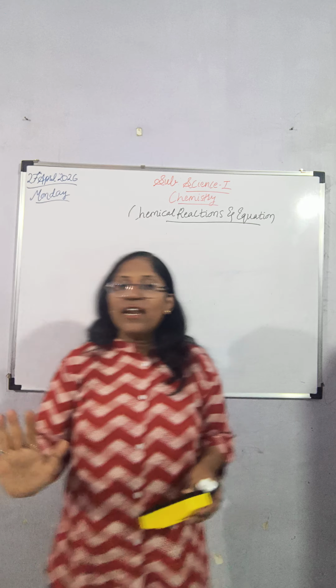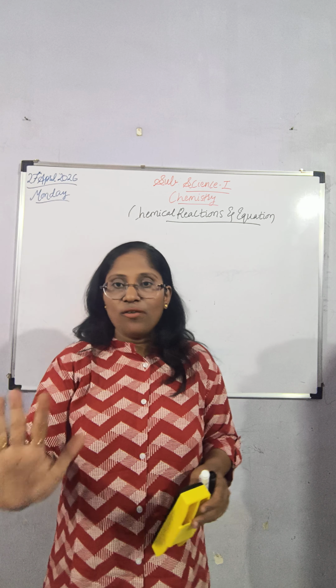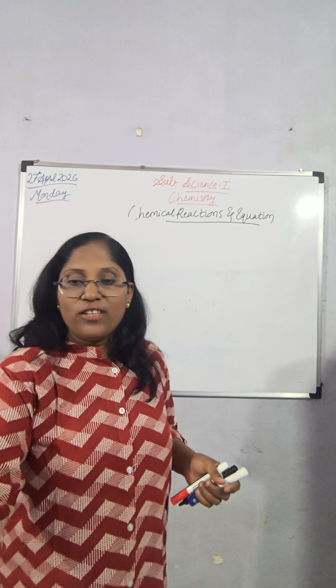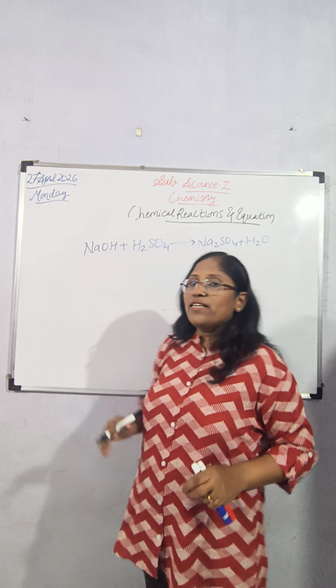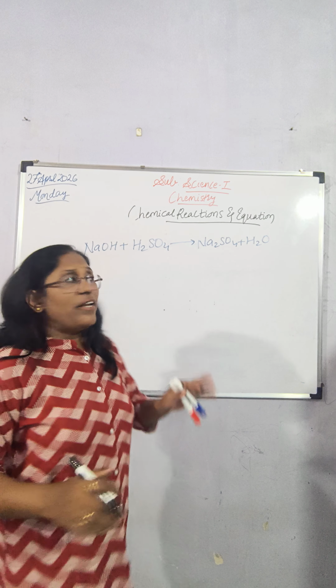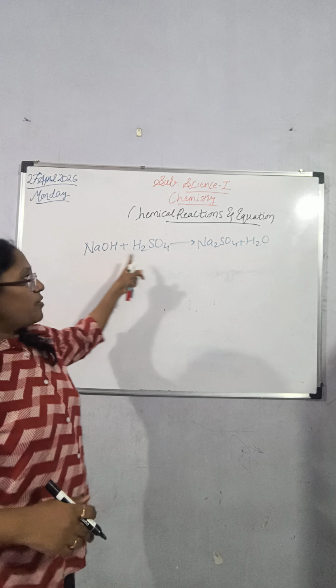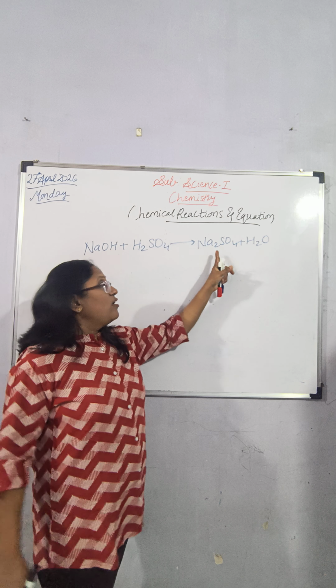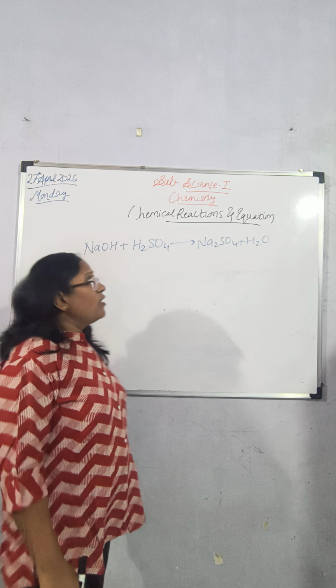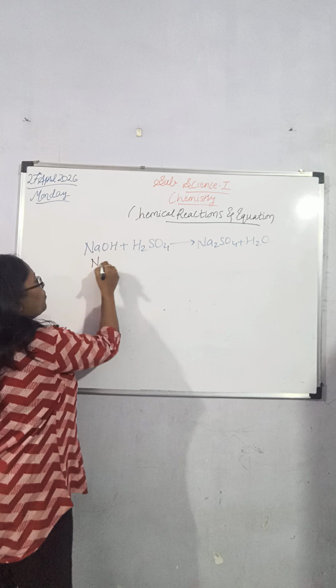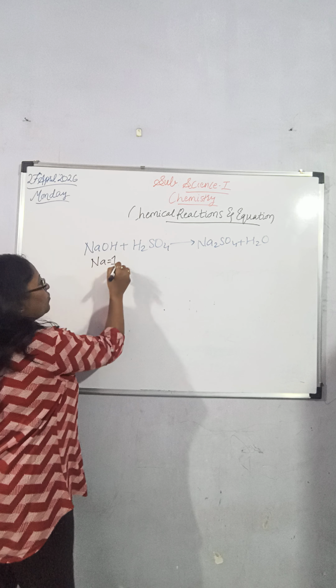Okay, so the next example. In this example, which example did I write? Sodium hydroxide plus sulfuric acid giving rise to sodium sulfate and water. Now here, first of all, how many sodium metals are there? Here only one.